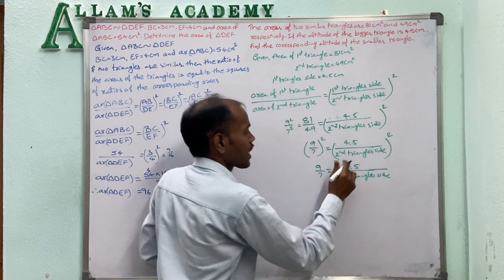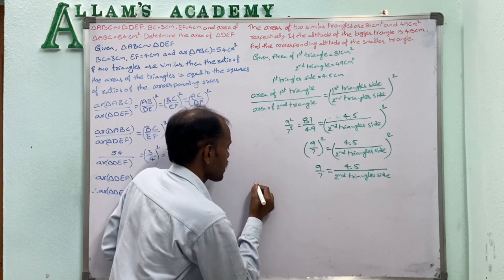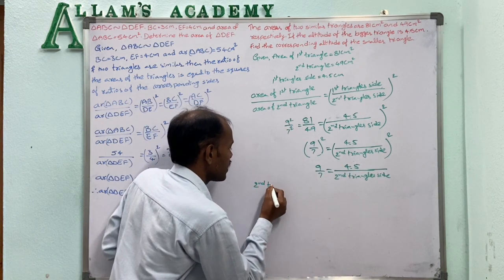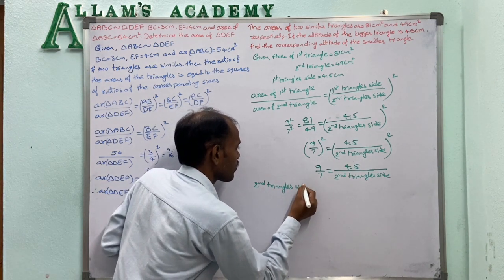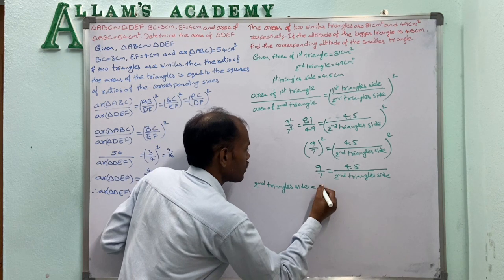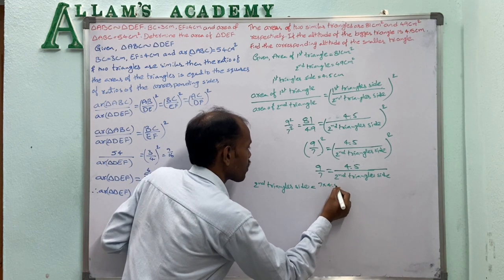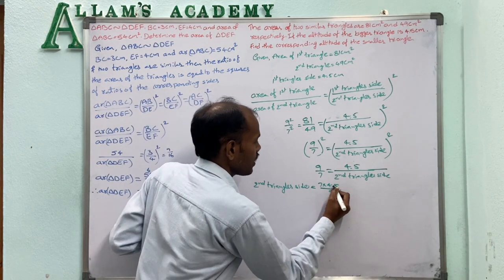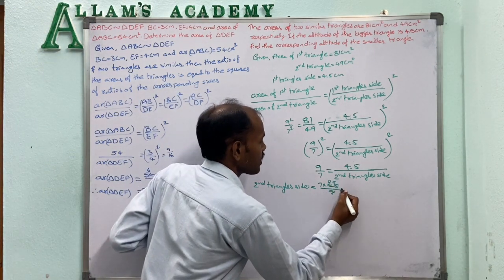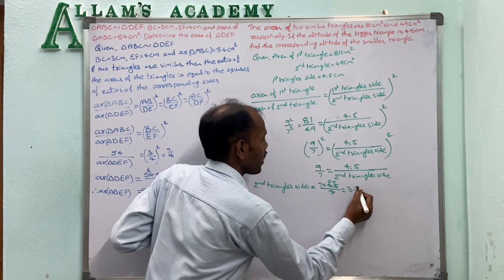Now by cross multiplication, second triangle's side equal to 7 into 4.5 by 9. So 9 ones are 9, 4.5 by 9 gives 0.5, that equal to 3.5.